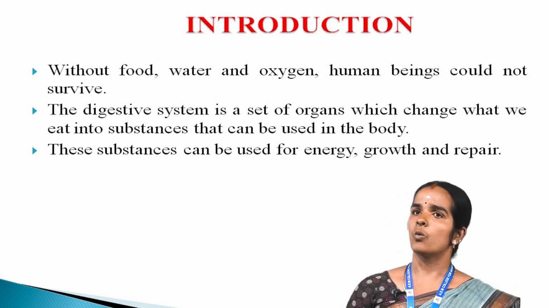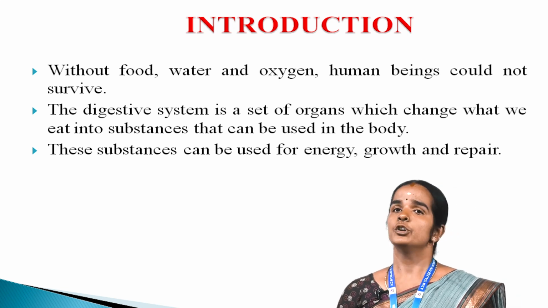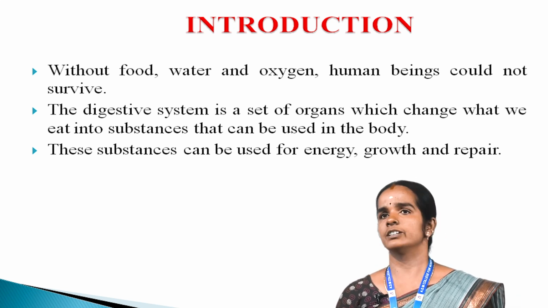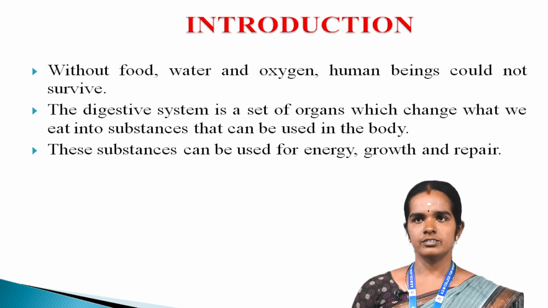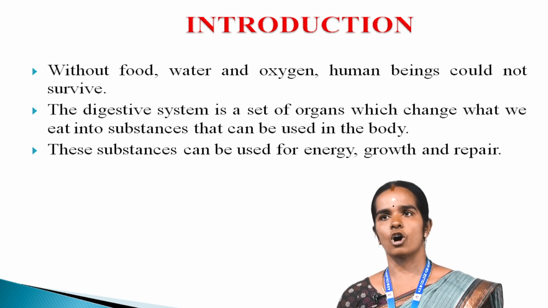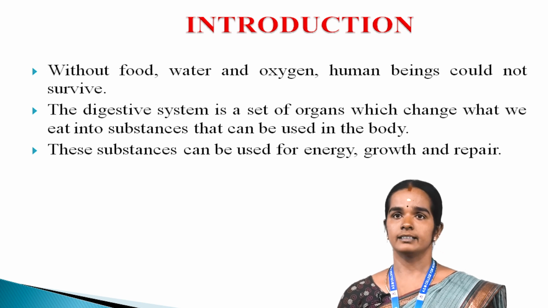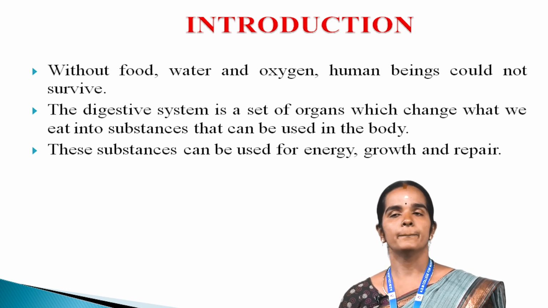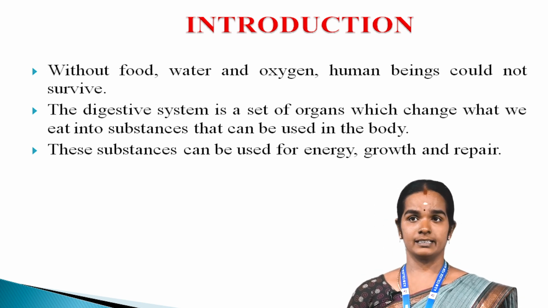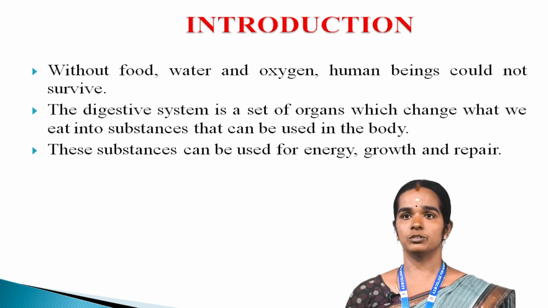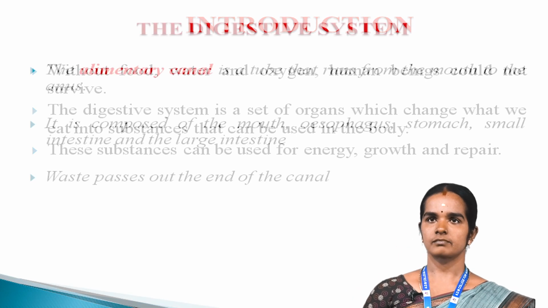Without food, water and oxygen, human beings could not survive. The digestive system is a set of organs which change what we eat into substances that can be used by the body. These substances can be used for energy, growth and repair.